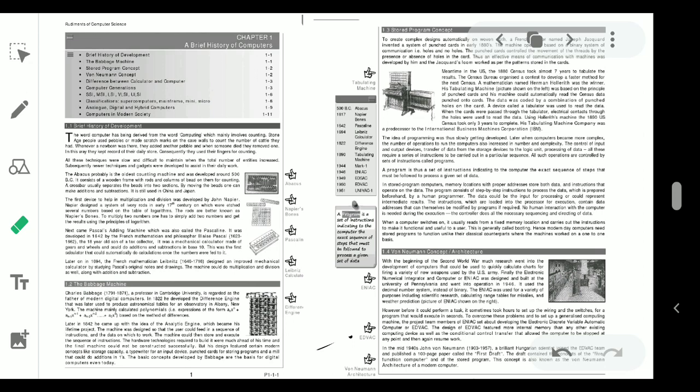After this discussion, I hope you are able to differentiate between the work of a calculator and the work of a computer, because it is a very common question in your class 9 syllabus: what is the difference between a calculator and a computer? First, the computer can do bigger and more complex calculations than a calculator.